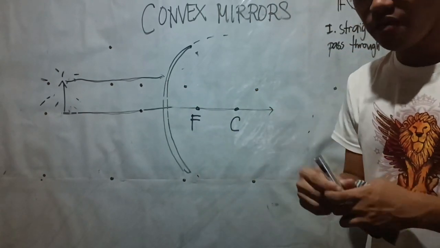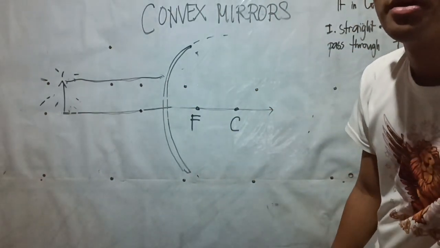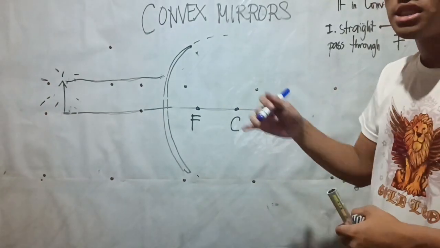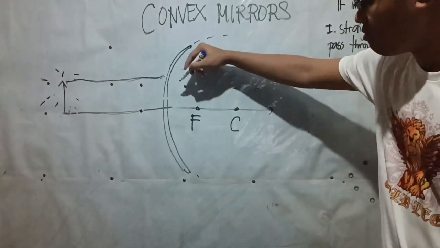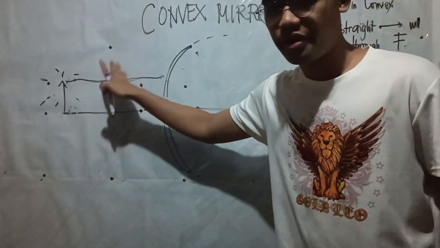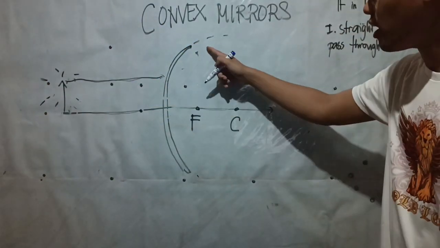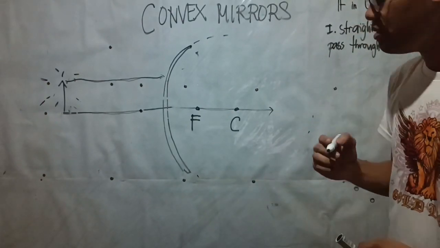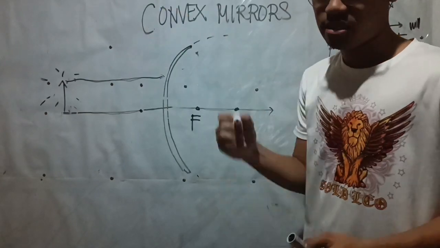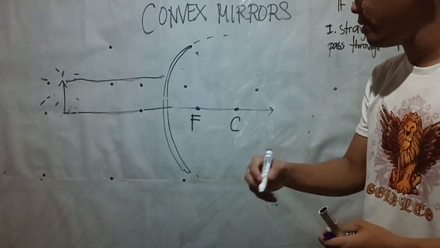Now, if the ray passes through the mirror, what kind of ray does it become? It will become a virtual ray. This is all real rays. If they pass through a convex mirror, they become virtual rays, so it will be represented as a dashed line. In this case, I'm using a blue pentel pen.